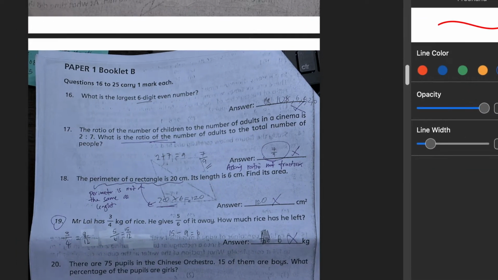Can you notice the unit here? It says 3/4 kg. This is kilogram. It's not a fraction, it's a kilogram. It can be 1 kilogram, it can be 2 kilogram.